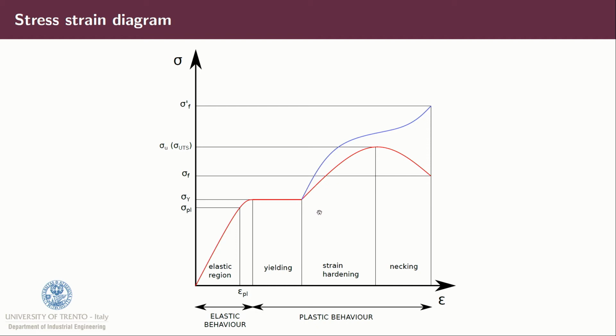After that we will start strain hardening until we start the necking phase, where the cross-section tends to squeeze, and at the end we will have the break. The peak of this red curve is sigma u, or sigma UTS, the ultimate tensile strength of our material, sigma f is the sigma of the failure of our material, and sigma y is the sigma of the yielding of our material.